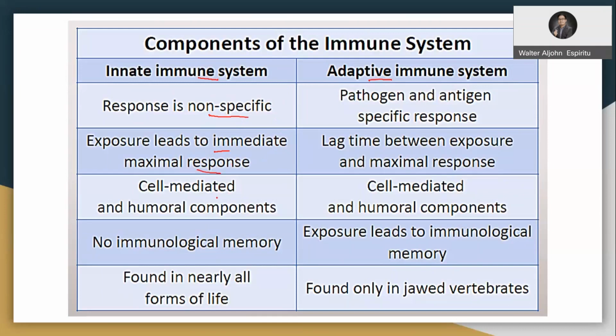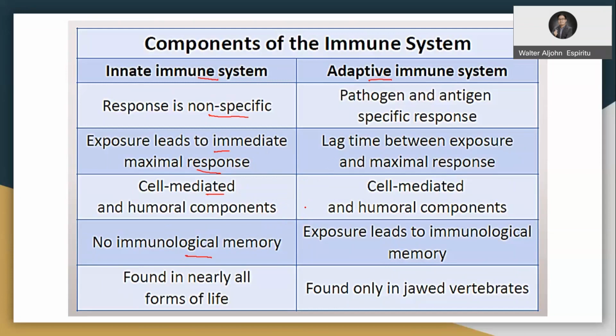This can be subdivided into a cell-mediated response, those that are done by your white blood cells, as well as humoral components, such as the complement proteins. The innate immune system also bears no immunological memory. Therefore, it cannot remember if a particular pathogen has already entered the body.